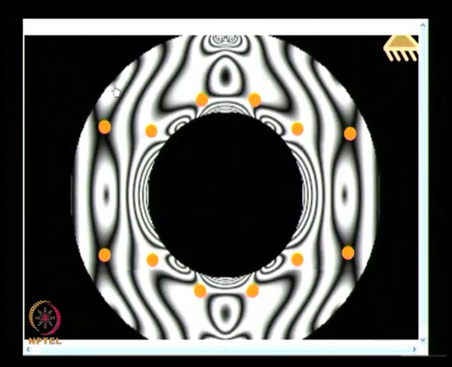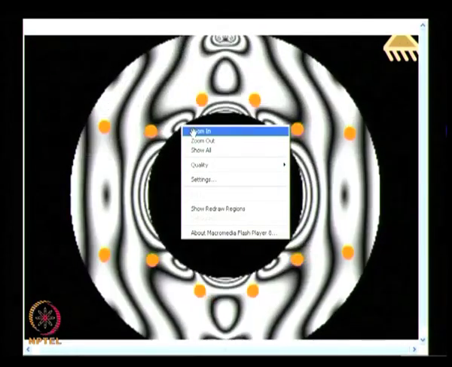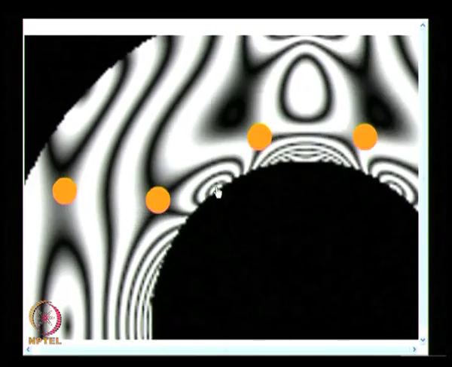And in a similar fashion you also have 0th fringe order on the inner boundary. It is difficult to observe. If you look at here, as the load is increased, the density of the fringes increases, and this is again a 0th fringe order. We will verify this by a property of the isoclinic fringe field.